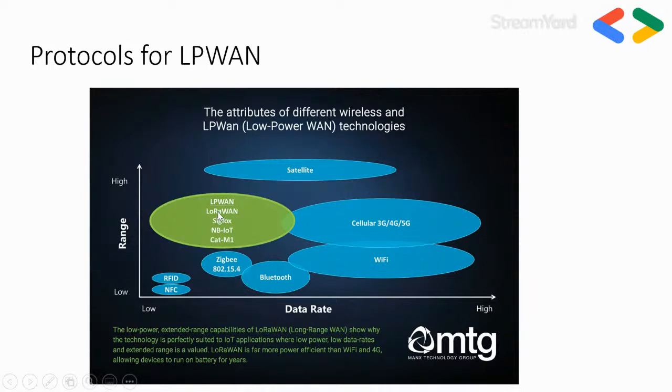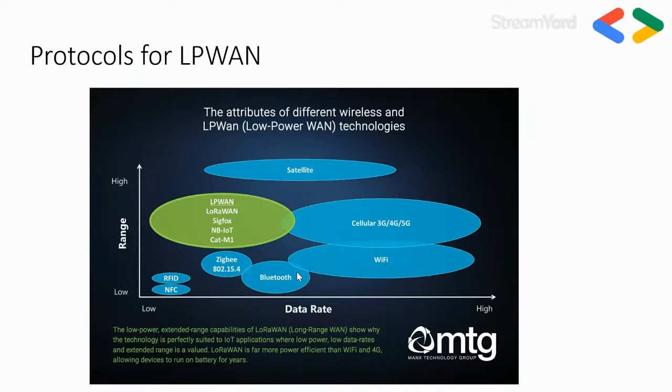We are going to focus on low power wide area networks for IoT. There are different standards. The standard Bluetooth that we have on our phones is not good; it consumes high power. But they have developed Bluetooth Low Energy, which consumes much less power and could be suitable for IoT devices. But we're not going to talk about Bluetooth.